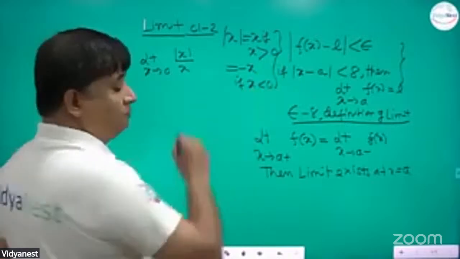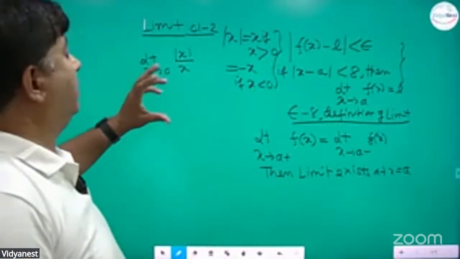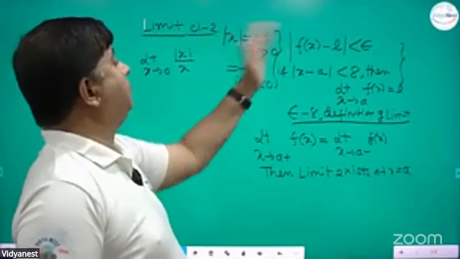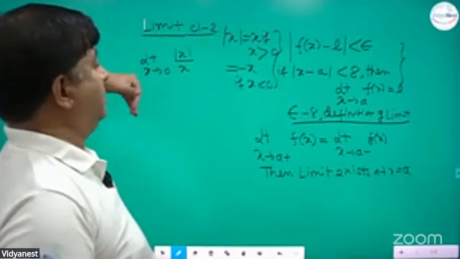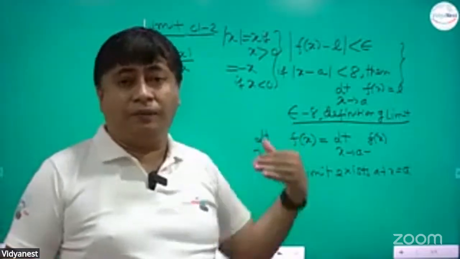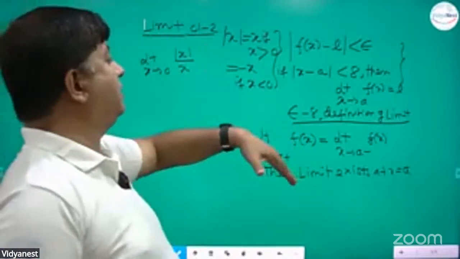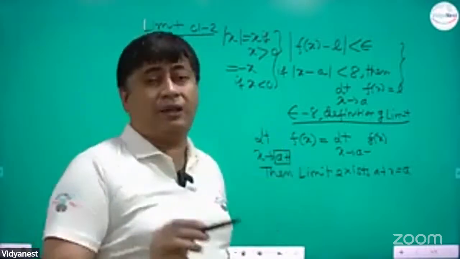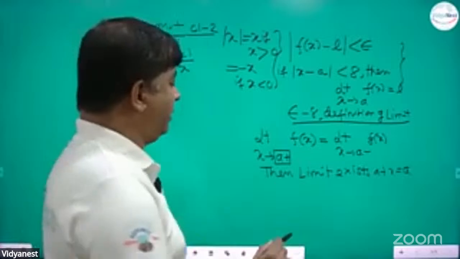So in this definition, we consider the right hand limit and left hand limit, 0 plus and 0 minus. A plus means not plus a, but the right hand side of a.